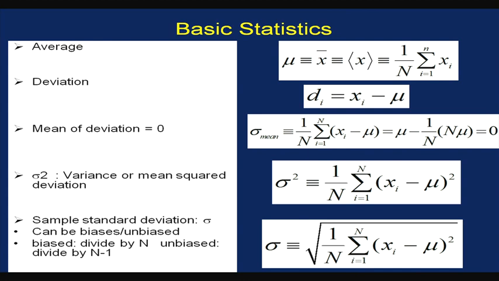It is frequently stated that the mean value is the most probable value of a set of readings, and that is why it has a very important role in statistical error analysis. The deviation of the individual readings from the mean value is obtained as di equal to xi minus mu, where xi is the ith reading and mu is the mean.